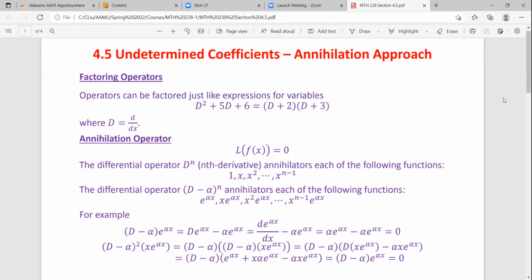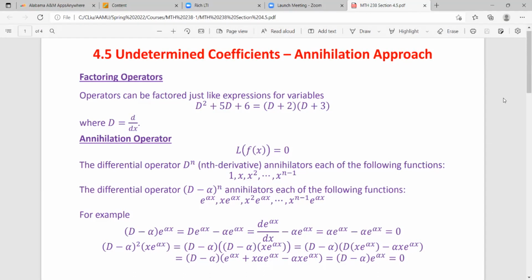So you get a new function, and then you apply D plus 2, which means you take the derivative of the new function plus 2 times the new function. So that gives us a lot of convenience. When we solve differential equations, we can use operators to do it.